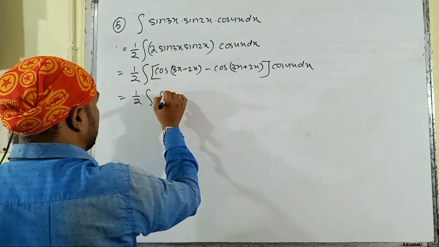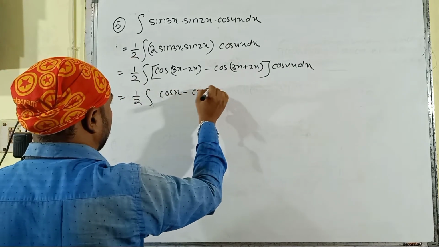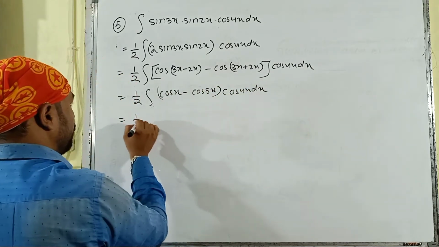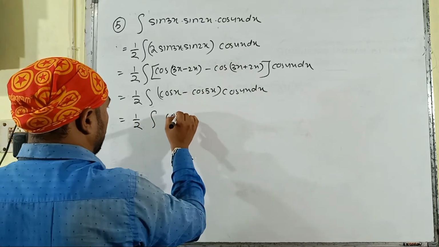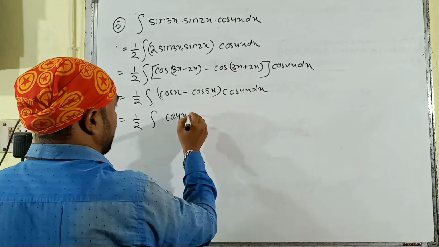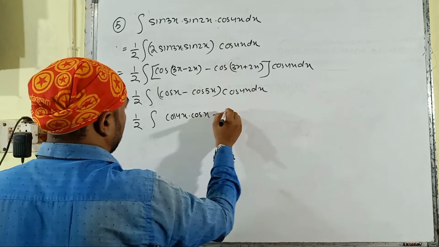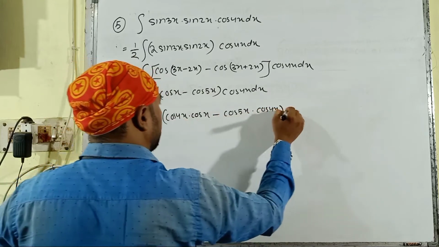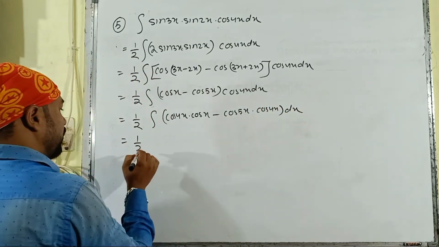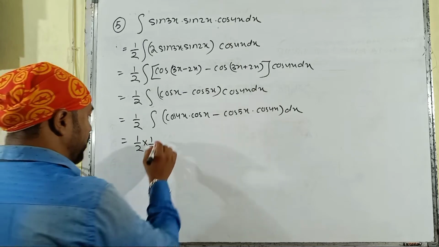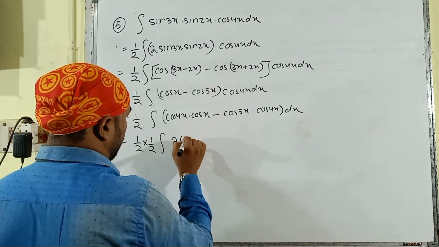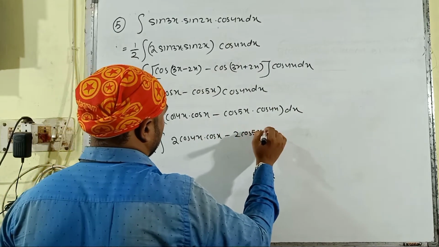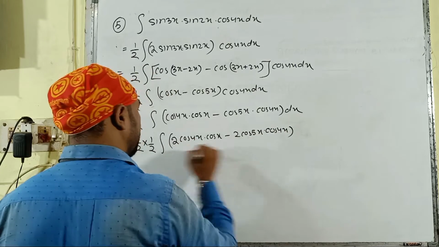1 by 2. It is cos x minus cos 5x multiplied with cos 4x dx. Again dividing by 2 and multiplying by 2 here, we have 2 cos 4x multiplied with cos x minus 2 cos 5x multiplied with cos 4x.